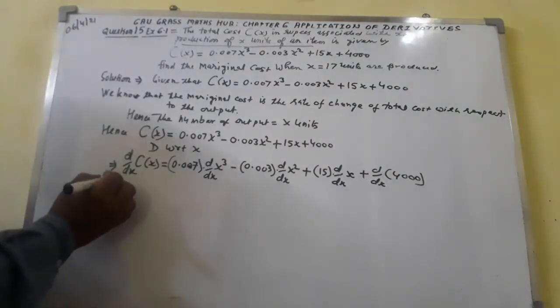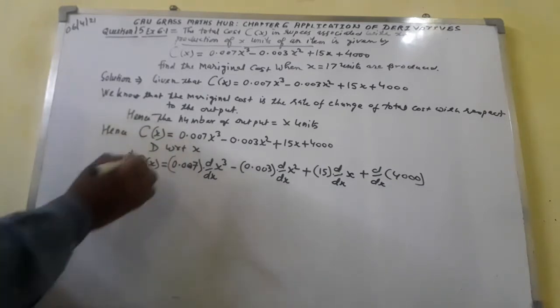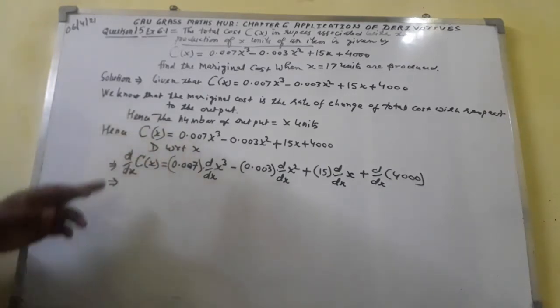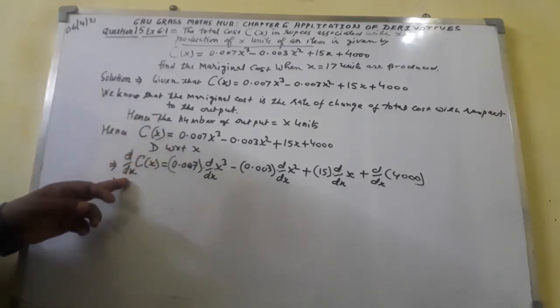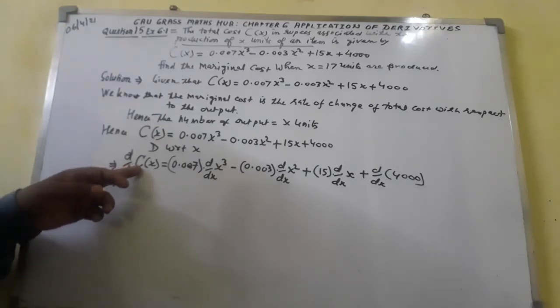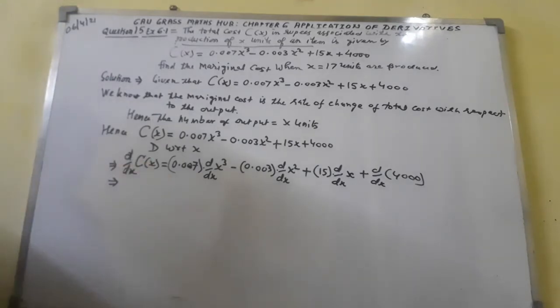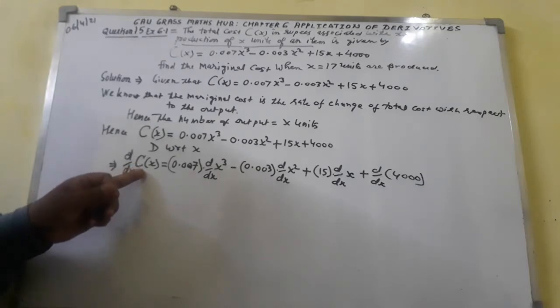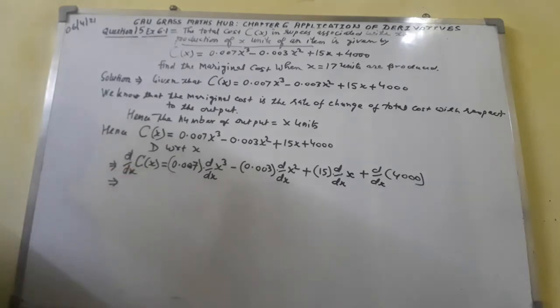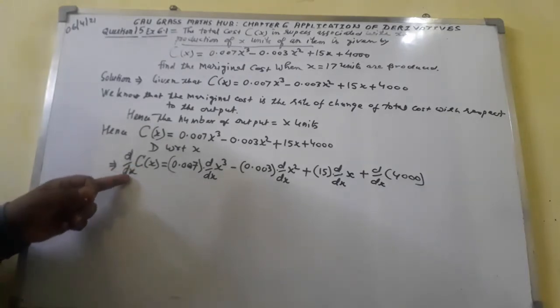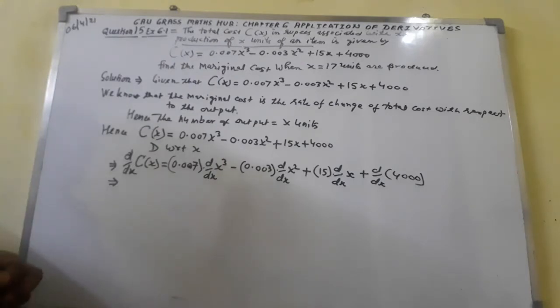Here in d over dx of C(x), C is in the numerator and x is in the denominator.